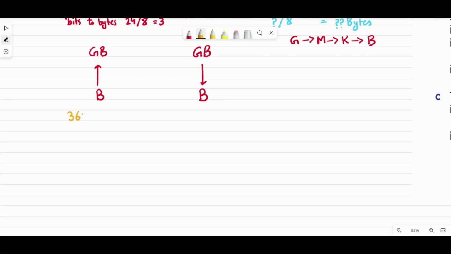We have 3693600 bytes. I'm going to underline instead of writing it in red now. From a smaller unit to a bigger unit, we have to pay something, so we get divided by, we get shortened by the value on the left-hand side with the unit.